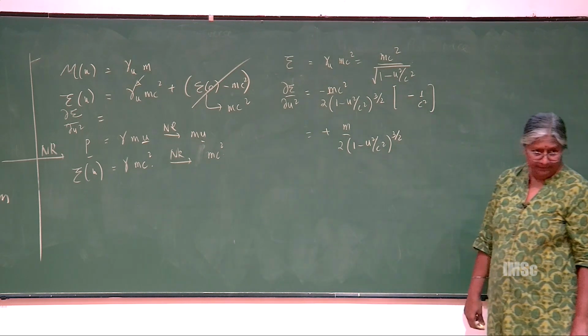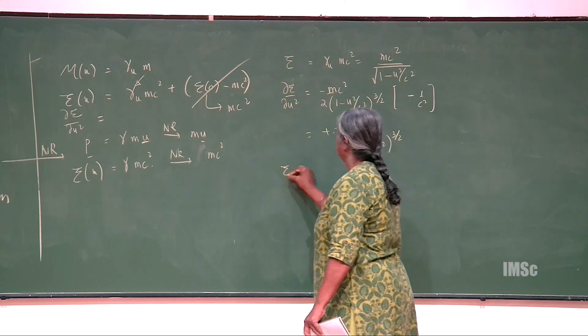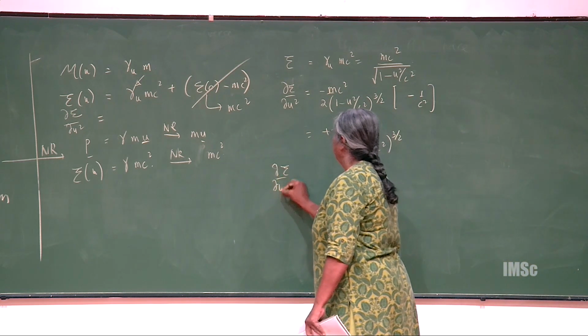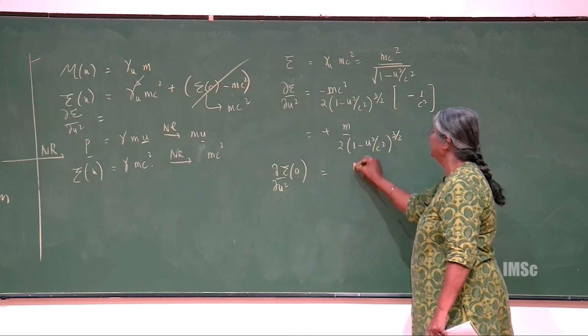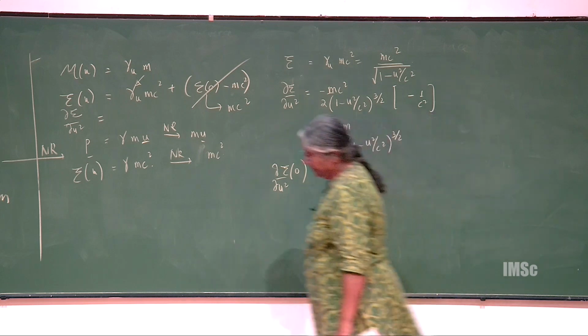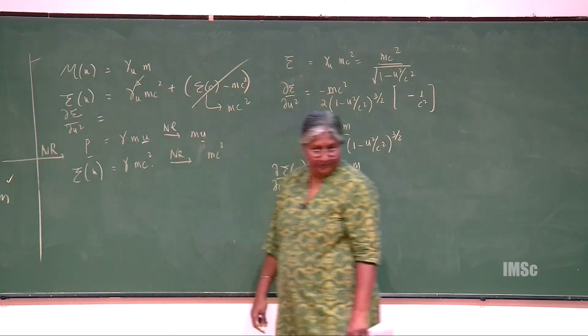Did everybody get this? So what is dE by du squared of 0, that is when u is equal to 0, it's m by 2. Does it satisfy? Right?